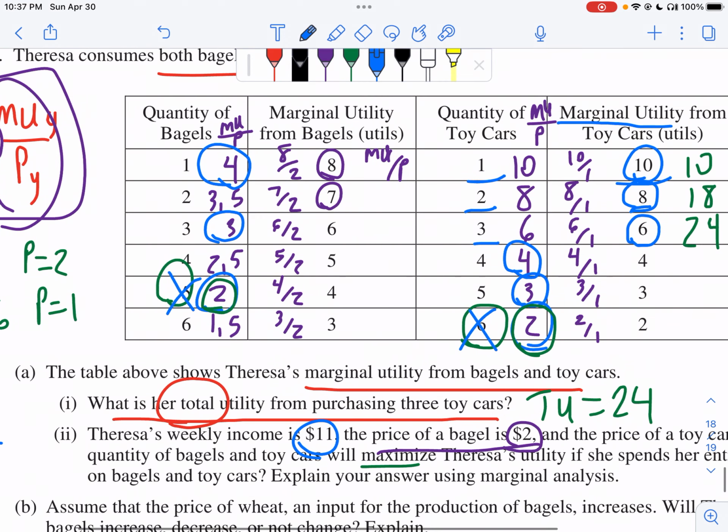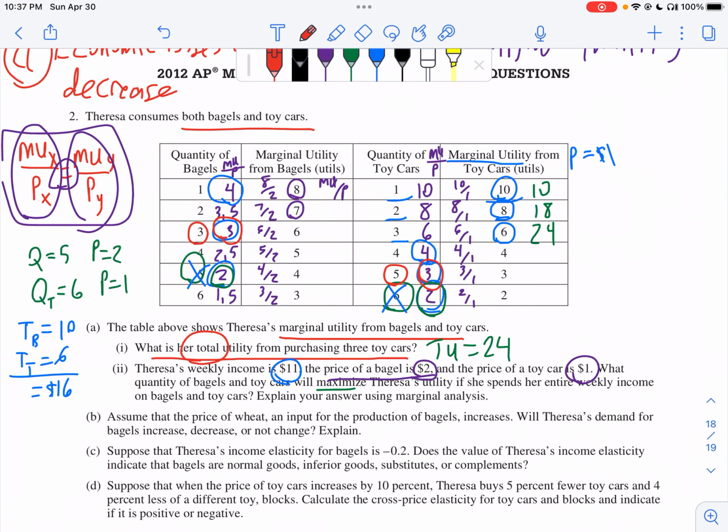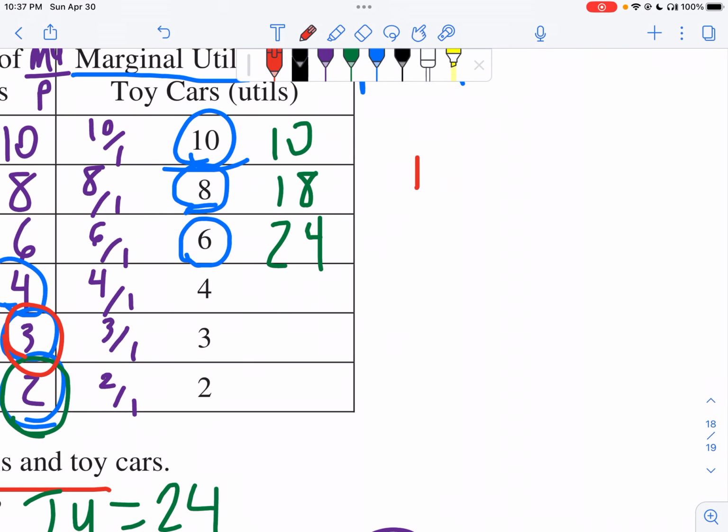The next option I have is 3 bagels and 5 toy cars. Again, all I'm doing is matching up the marginal utility divided by price equal to marginal utility divided by price, and that happens at 3 bagels, 5 toy cars. If I were to do the math on this, the quantity of bagels is 3, the quantity of toy cars is 5.